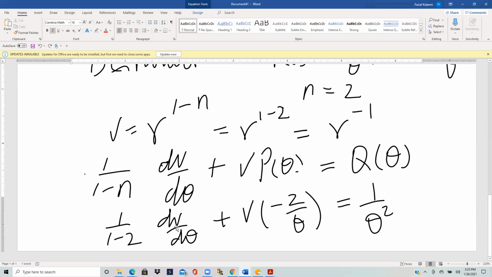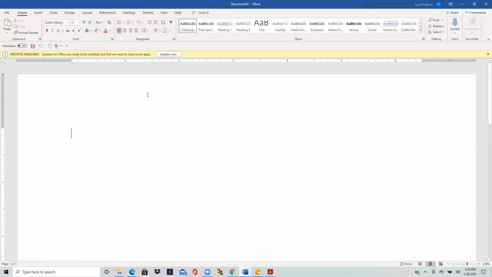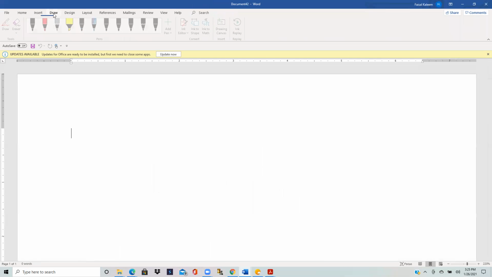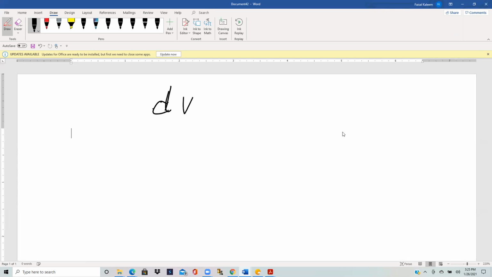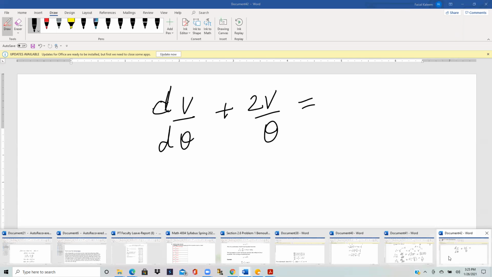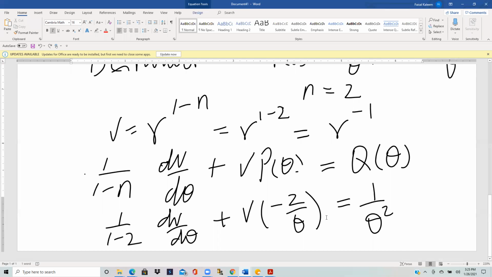So we will get dv over d theta plus 2v over theta is equal to, so we are multiplying everything with -1. So this becomes positive 2v over theta, and this will become negative, -1 over theta square.